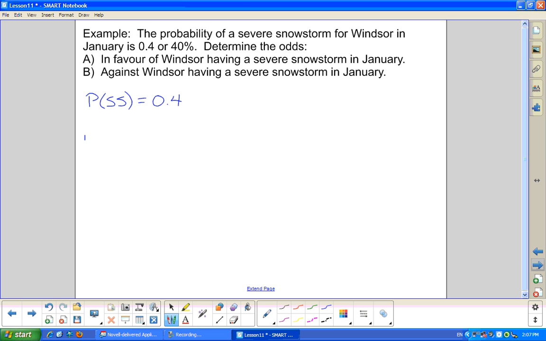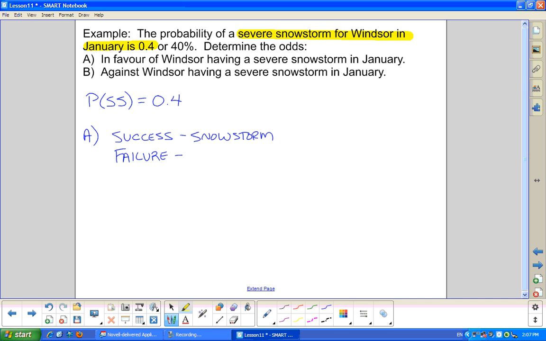Determine the odds. So to answer the question, what are the odds in favor of Windsor having a severe snowstorm in January? You have to remember the difference between success and failure. Success is what we're looking for, so our criteria for success is a severe snowstorm for Windsor in January.